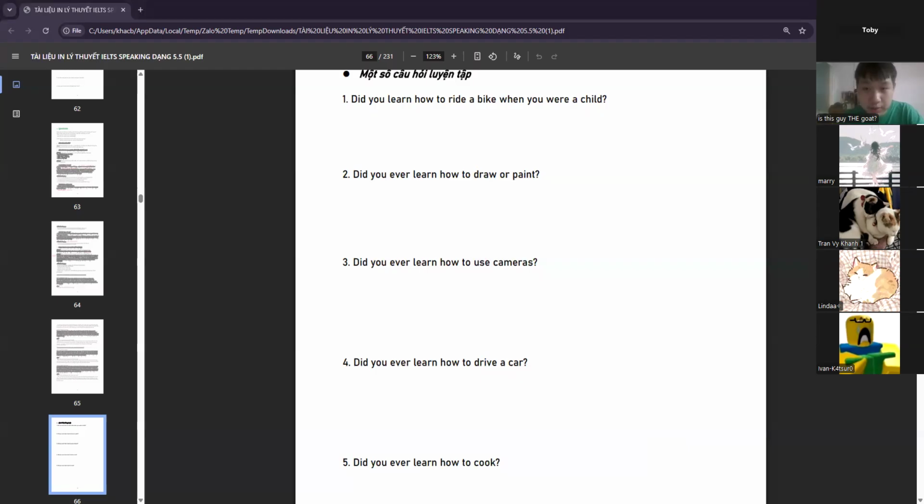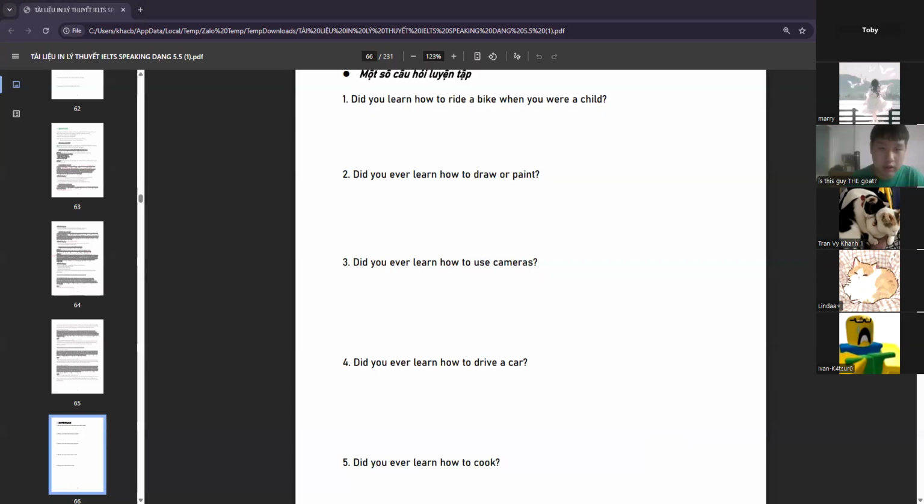Toby, you can answer. So I'm currently 10, but I have learned how to drive a go-kart car at a go-kart racing experience. Actually, I had a teacher who taught me how to drive a go-kart car.